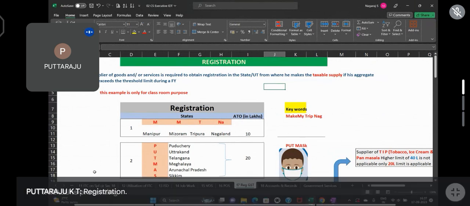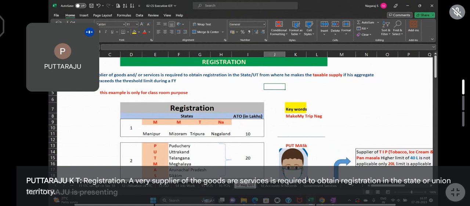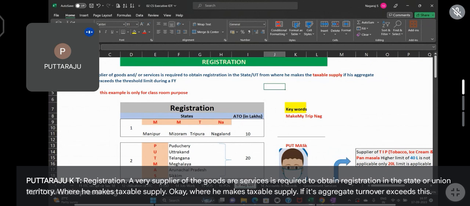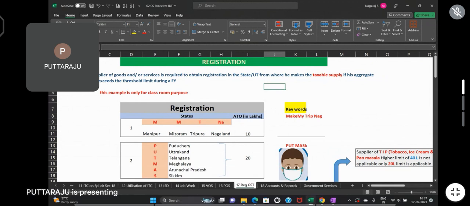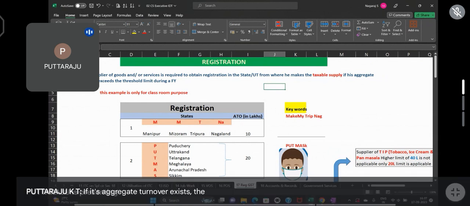Registration. Every supplier of goods or services is required to obtain registration in the state or union territory where he makes taxable supply, if his aggregate turnover exceeds the threshold limit.